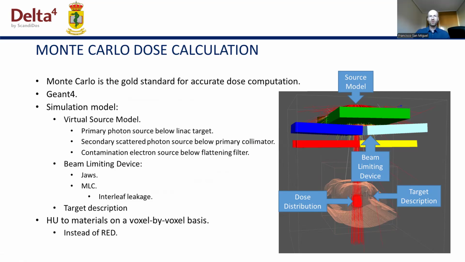The dose calculator maps input Hounsfield units data to materials on a voxel by voxel basis. This mapping is based on a user-defined Hounsfield unit to mass density table specified in the Delta4 software. Using the mass density mapping obtained from the Hounsfield unit to mass density conversion, each voxel is mapped to one of the materials in the materials list.